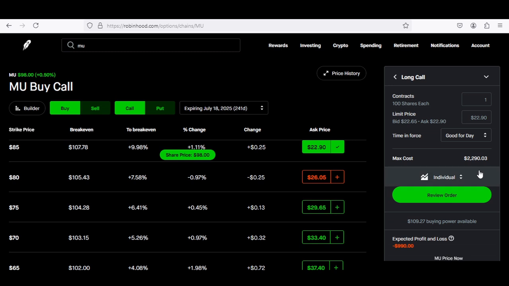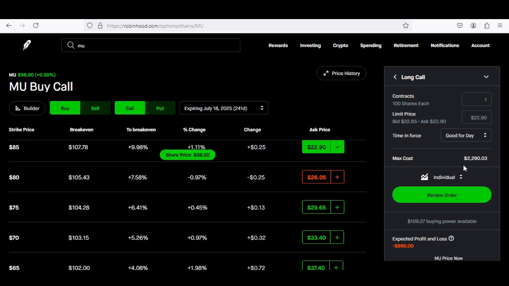Now, like I mentioned, you will now have to pay $2,290 in order to control 100 shares of Micron. Be very careful. I am saying control 100 shares, meaning you do not own 100 shares, but you are able to control 100 shares. Now, why would you want to control 100 shares? Well, firstly, it's based on a cost and leverage basis.